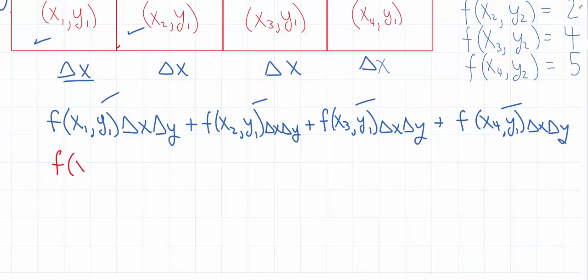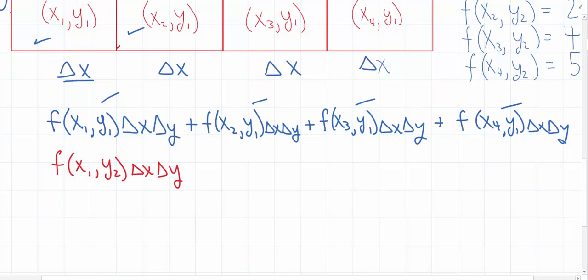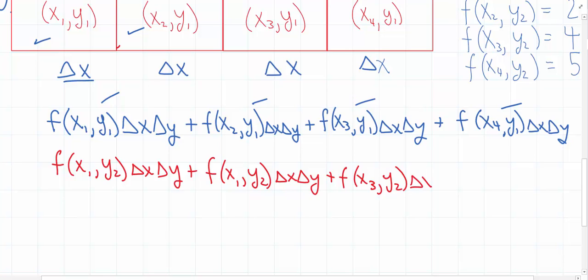I've got f of x1, y2, delta x, delta y, plus f of x2, y2, delta x, delta y, plus f of x3, y2, delta x, delta y, and the grand finale, f of x4, y2, delta x, delta y.